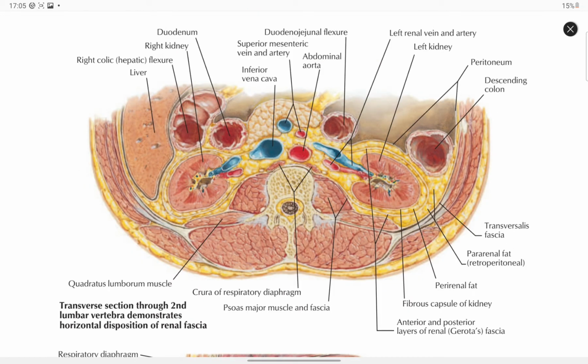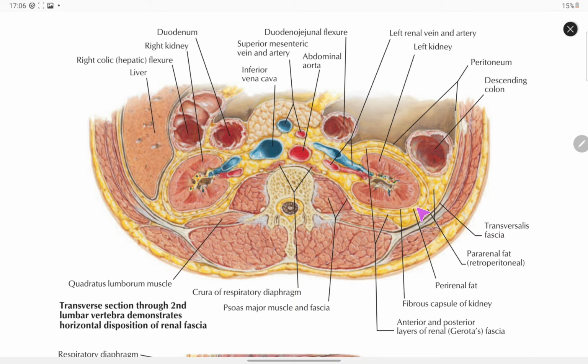Now about the capsule or the coverings of the kidney. This is the fibrous capsule. It is a thin membrane which closely invests the kidney and lines the renal sinus. Normally it can be easily stripped off the kidney, but in diseases it becomes adherent.